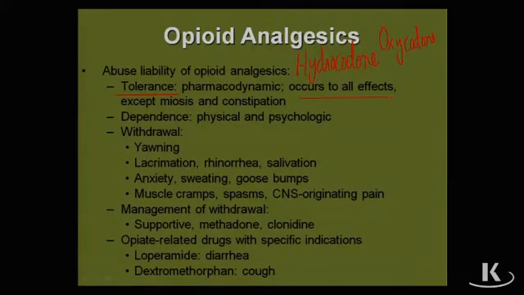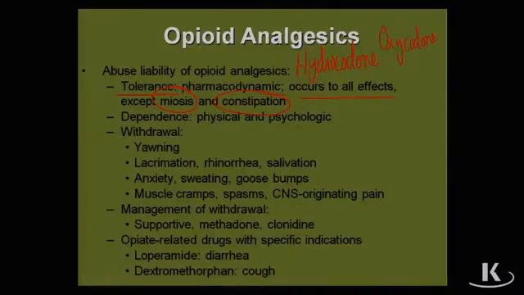So invariably, drug addicts tend to eventually overdose, and overdose to an opiate in a back alley or at home will very much result in a life-threatening situation thanks to the respiratory depression. Well, this tolerance, interestingly, occurs to all effects except meiosis, the pinpoint pupil, and the constipation. If I knew why, I would have published it.